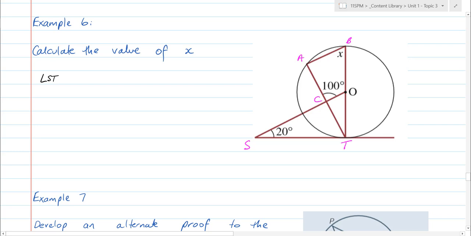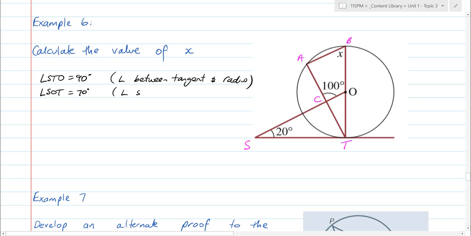Angle STO equals 90 degrees, and that is the angle between tangent and the radius. That's my first statement. My second statement will be angle SOT equals 70 degrees.